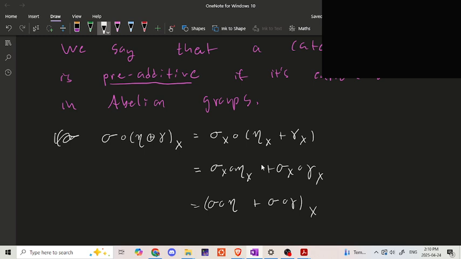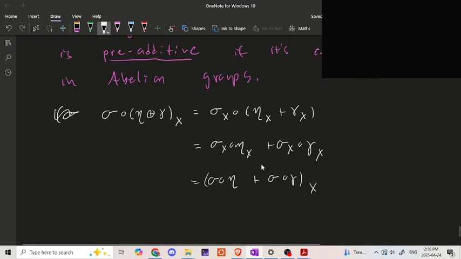So now, okay, we understand that probably the widest case in which we can apply these things that we're about to say about the center of our category being a commutative ring is exactly when the underlying category is a pre-additive category enriched in abelian groups.